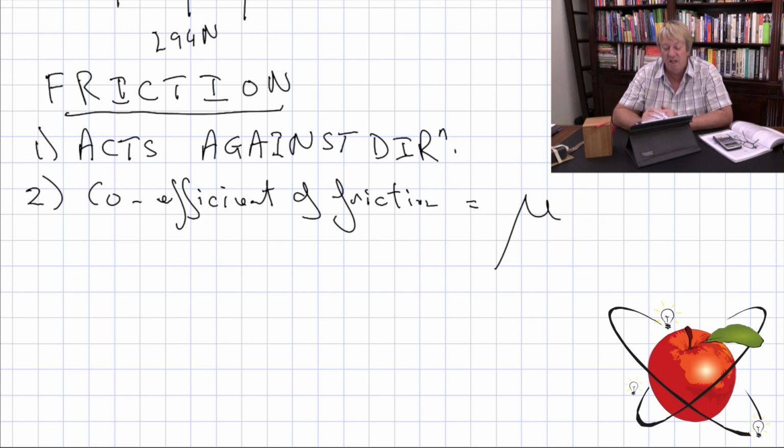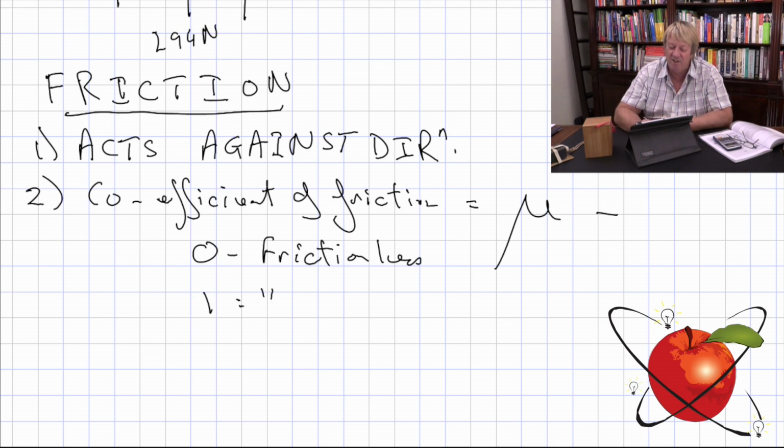Now, what do we do with this mu? Well, it's a number. The number varies between 0, which is frictionless, and 1, which basically is the same as saying the two are stuck together. Okay? In other words, it's very rough.